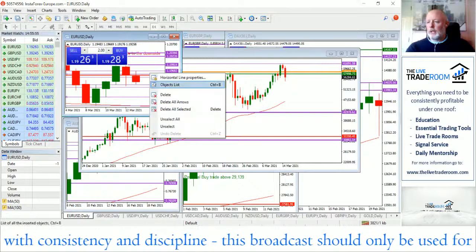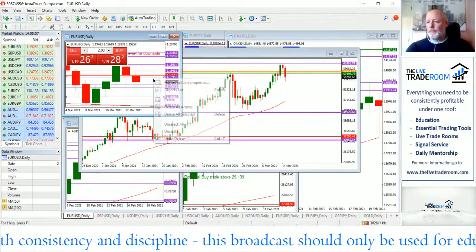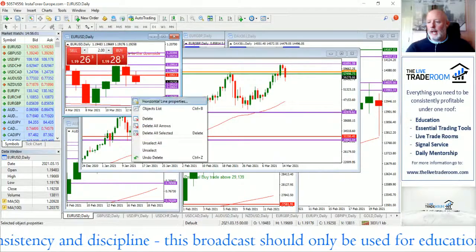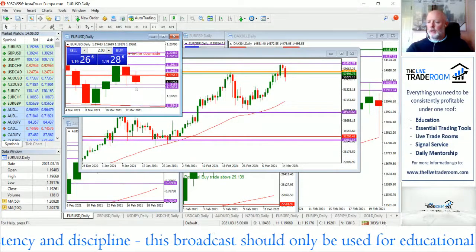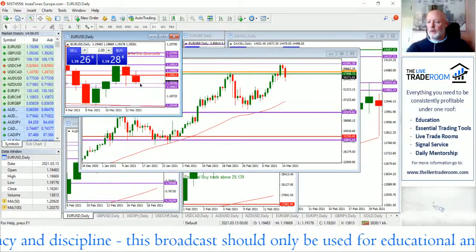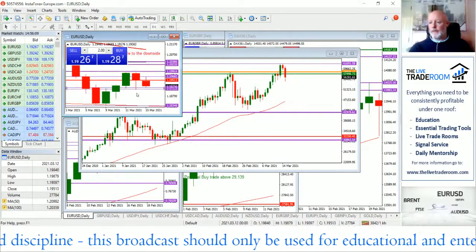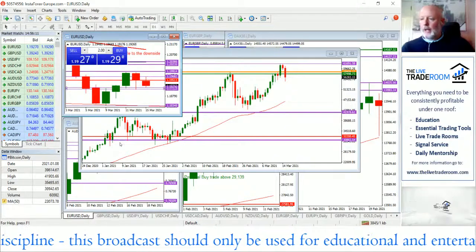I'll just take a couple of these away. These levels on charts are more intraday levels. Just take note of this low in here, and we'll also take note of Friday's low. So that's the euro dollar.